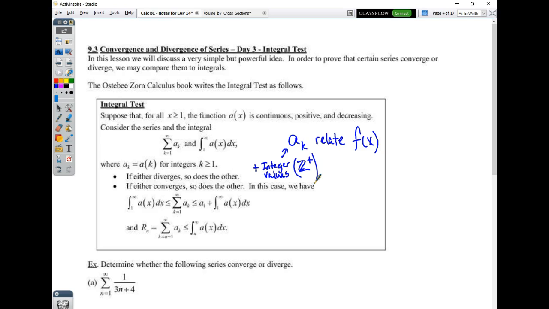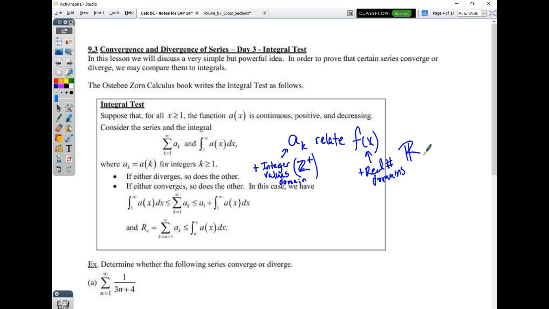But all that means is integer values for the domain, versus f of x, which is going to have positive real number domains. By the way, for those of you who don't know what reals are, it's the creepy looking R. And you should have seen that one at least. Right? Good.